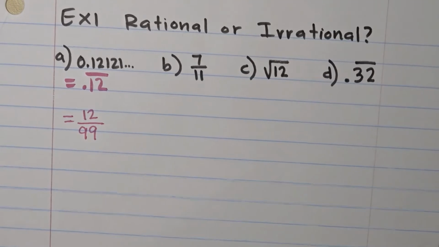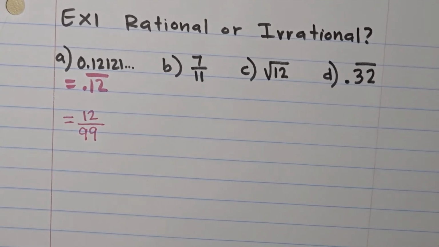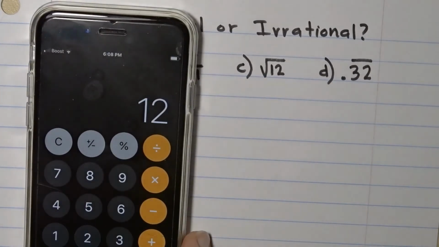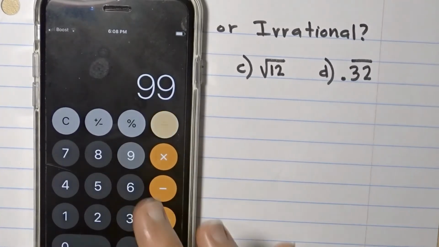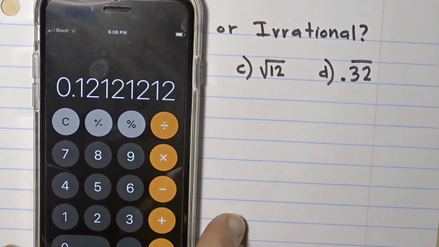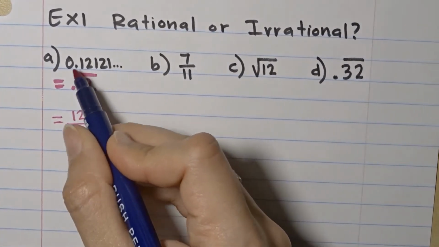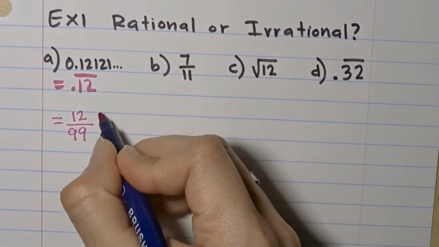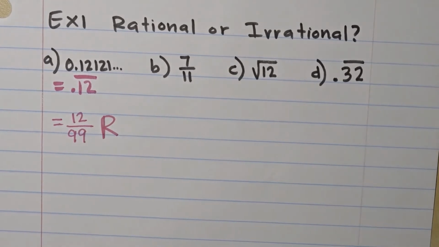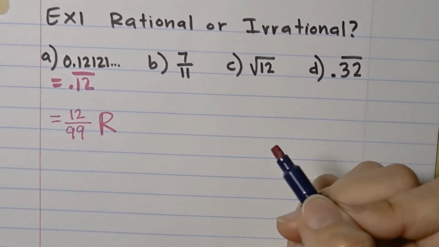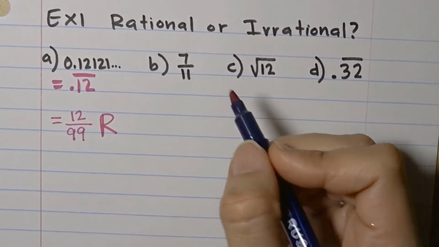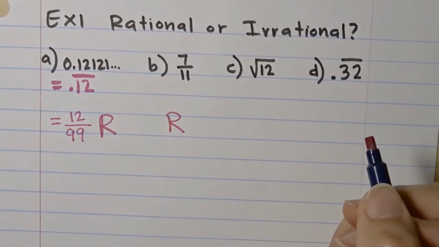And if you don't believe me, I'll show you that 12 divided by 99 is 12 repeating. Okay. So therefore, I was able to write this repeating decimal as a fraction, so I know for sure that's a ratio. Rational. And 7 over 11, that's already a fraction in itself. So of course it's going to be rational.